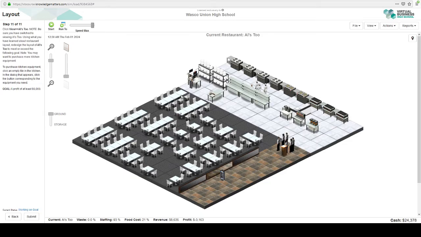I really haven't seen anyone utilizing that table. Let's move this over here. Oh, there we go. Come on. These are so difficult to move.